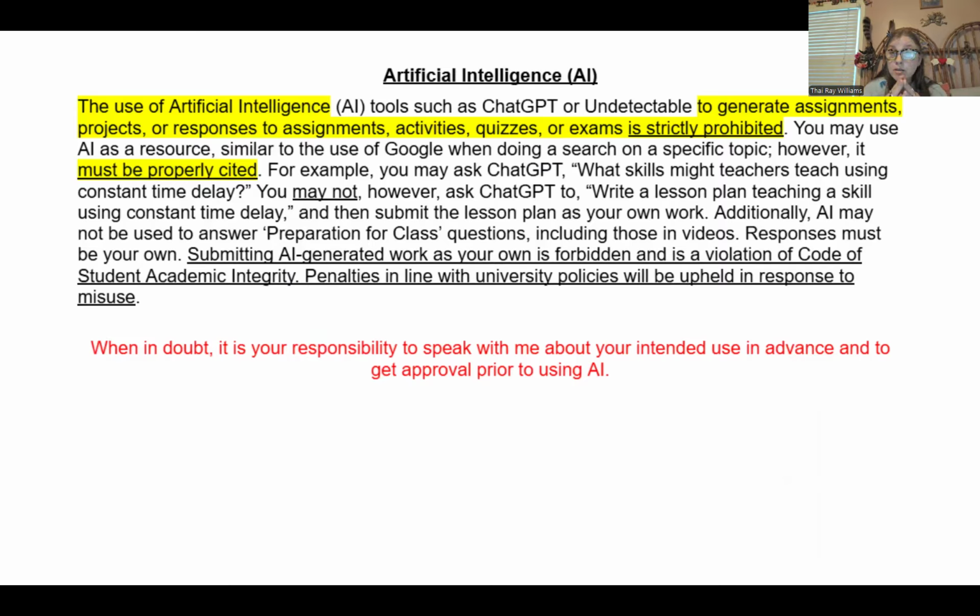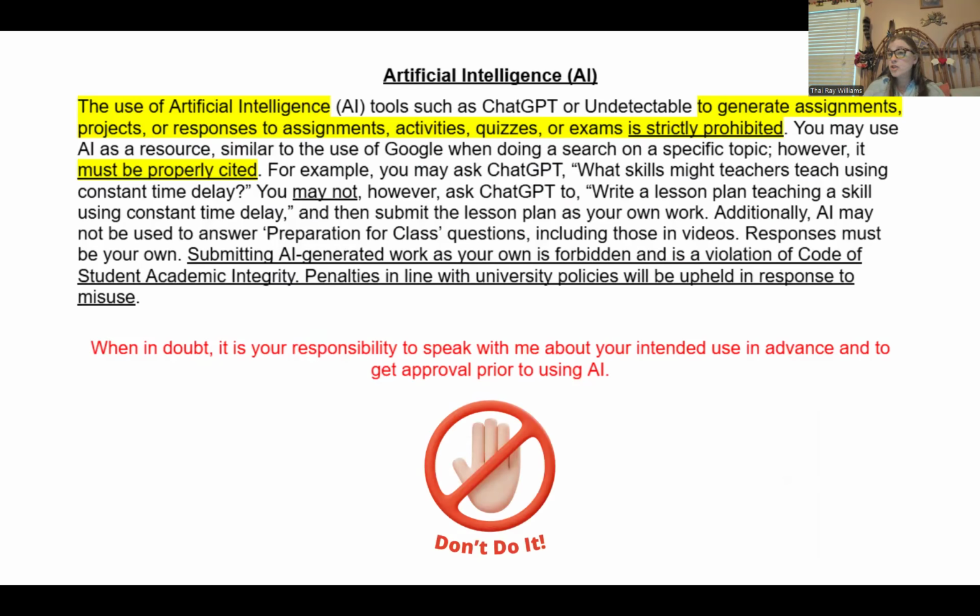So when in doubt, it is your responsibility to speak with me about your intended use in advance and get approval prior to using AI. And when you do use AI, it has to be cited. So again, at least once a year, I have a student who uses AI inappropriately and then ends up with some type of a consequence. So my recommendation is don't do it.